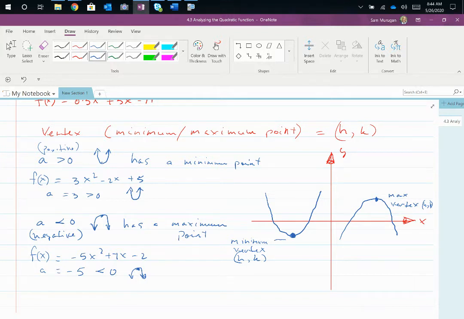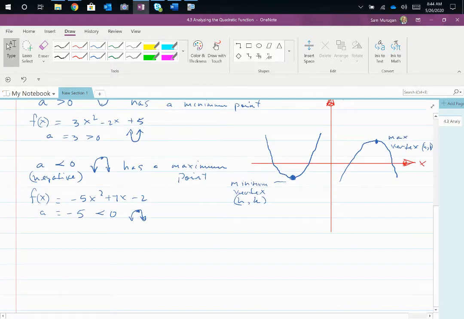In addition to that, if we think about the graphs here, we can define something called an axis of symmetry. A vertical line going through the center of the graph, okay, is called the axis of symmetry.